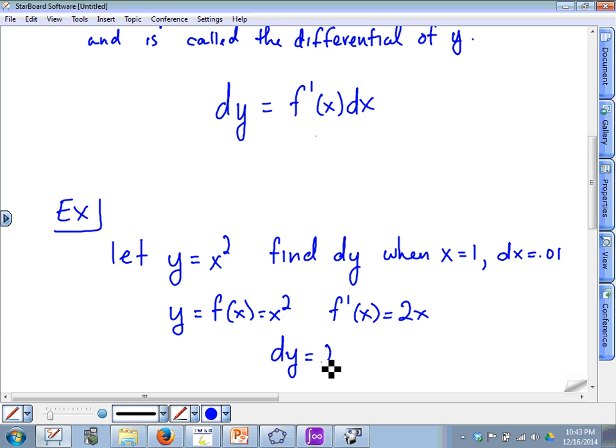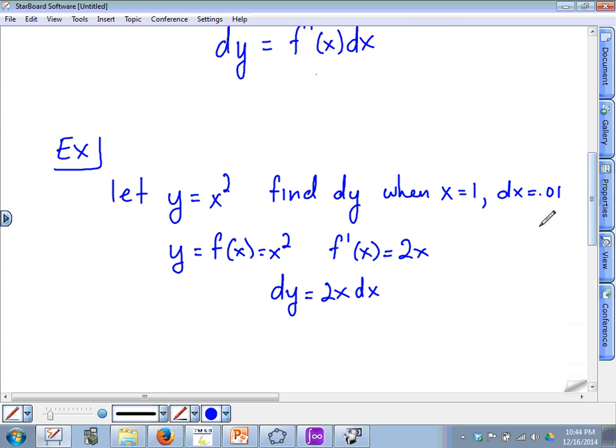Well, f prime of x is 2x dx. Okay. Now we can plug in some known values. X is equal to 1. Dx is equal to 0.01. So that's a pretty easy calculation. It's equal to 0.02. You can just do that on a calculator.